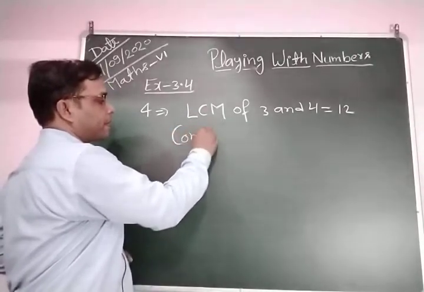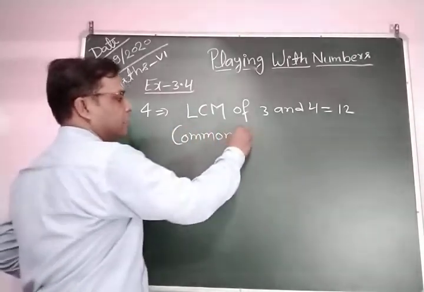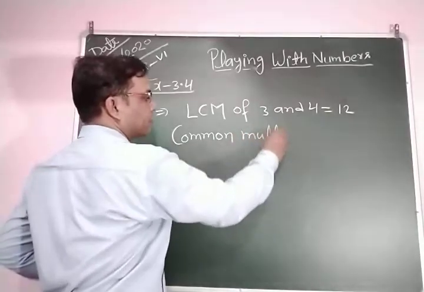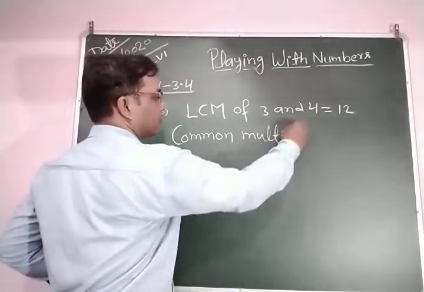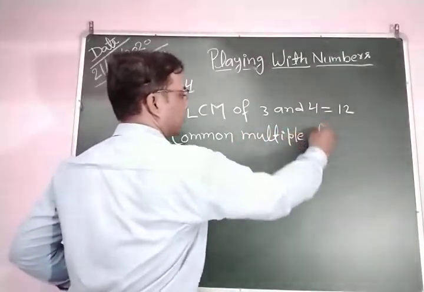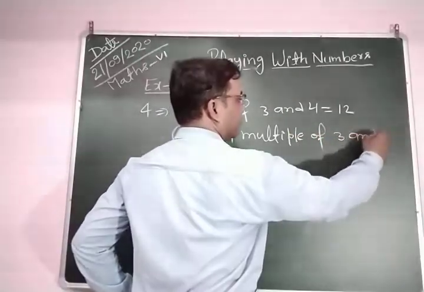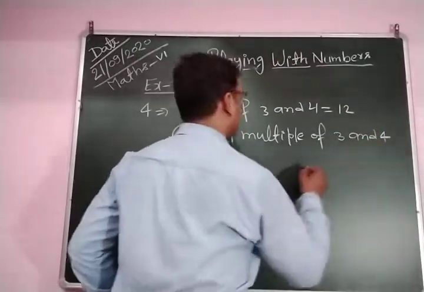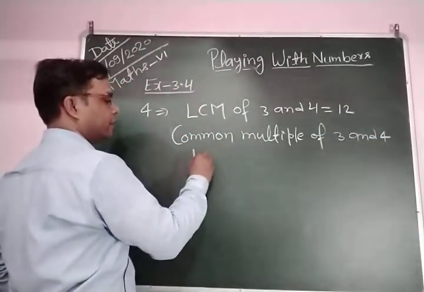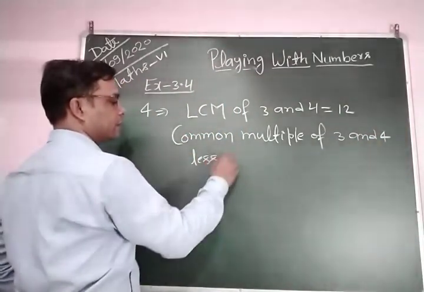Common multiples of 3 and 4 less than 100.